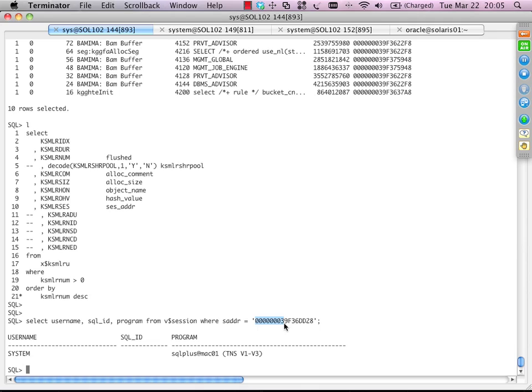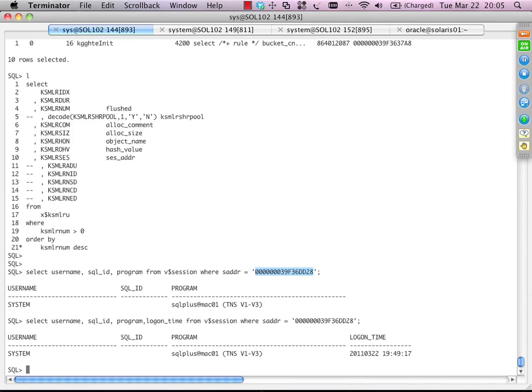This is the address of the session state object who performed the flush. But the problem with this is that this address, maybe the troublemaker has logged out already or crashed or whatever, and the new session logged on and just reused the same slot at that address.